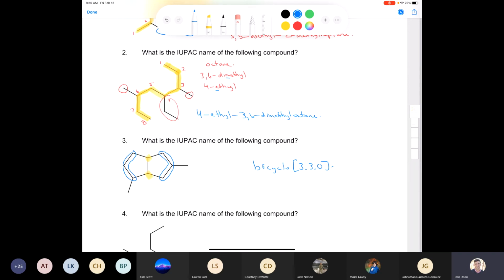3,3,0 octane. So now the difficult part comes, and that's numbering the carbons, knowing how to number them correctly. Now I have to start at one of the bridgehead carbons, one of the carbons I have highlighted in yellow. Normally you would go with the largest bridge first, but since both of these bridges have 3 carbons, the question becomes, do I start numbering here as number 1 or here as number 1?